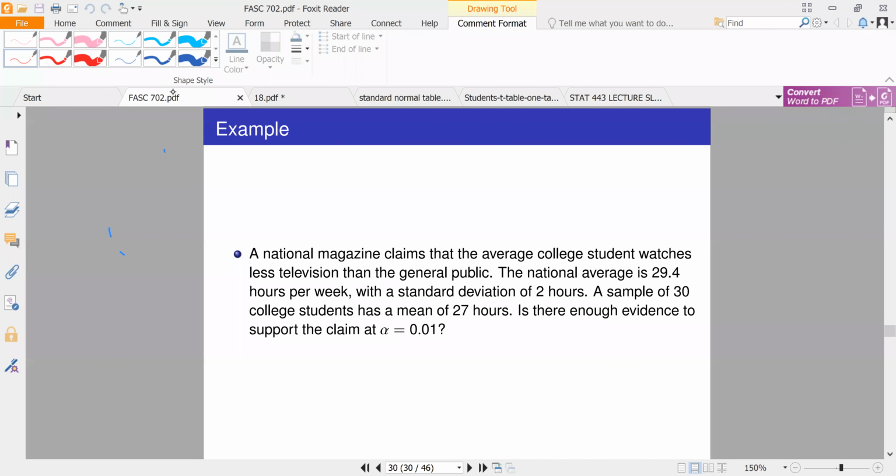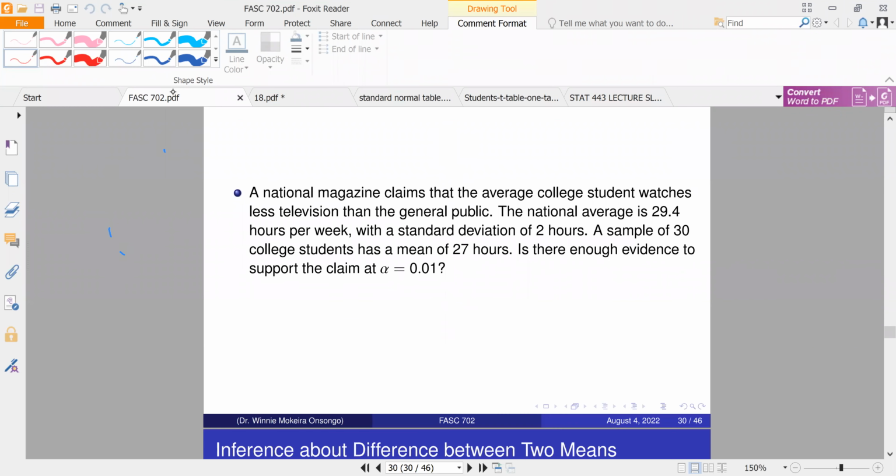Then we are told that a sample of 30 college students is drawn, and from this sample they found that the average time they spend on television is 27 hours. The question is, is there enough evidence to support the claim at alpha level 0.01?